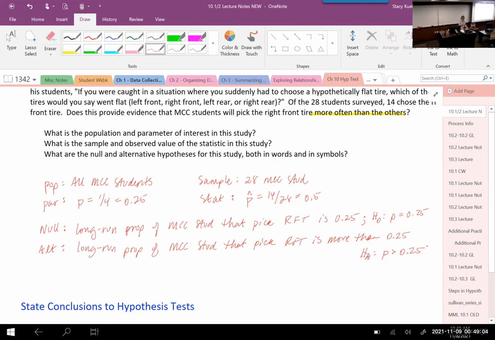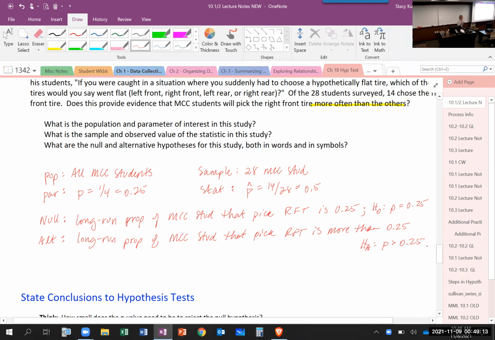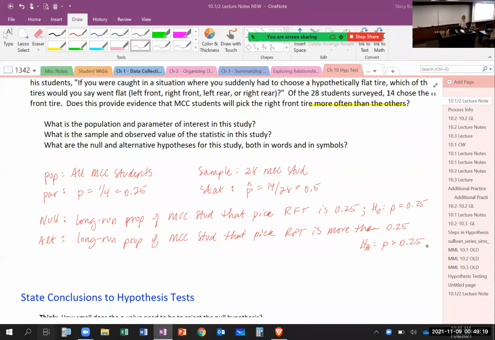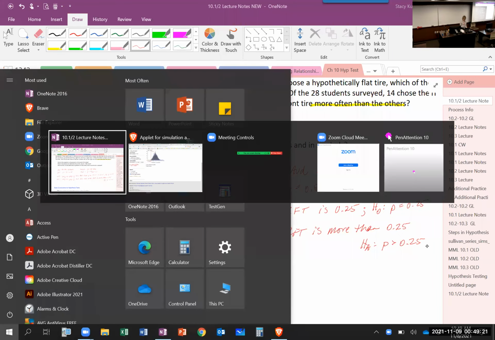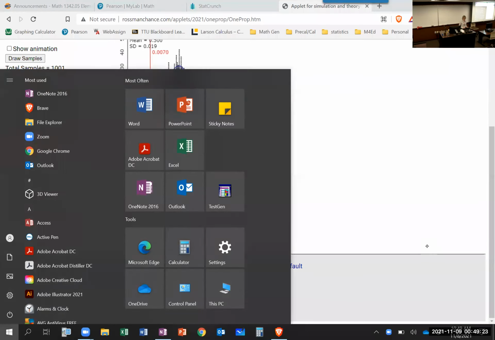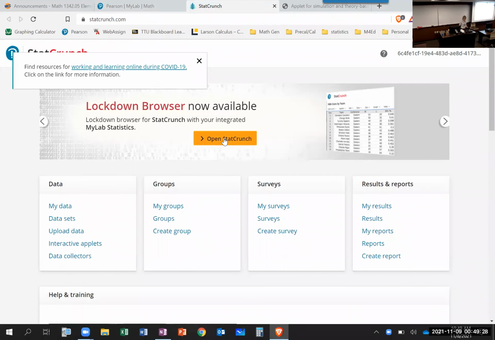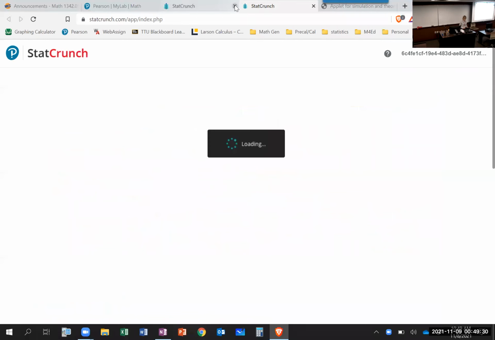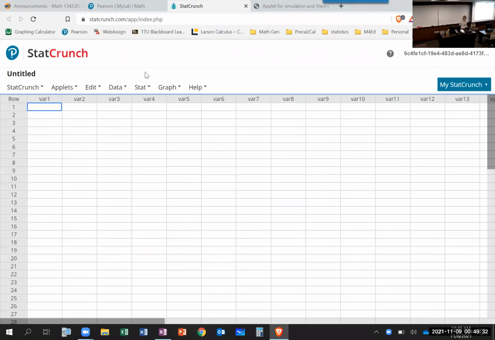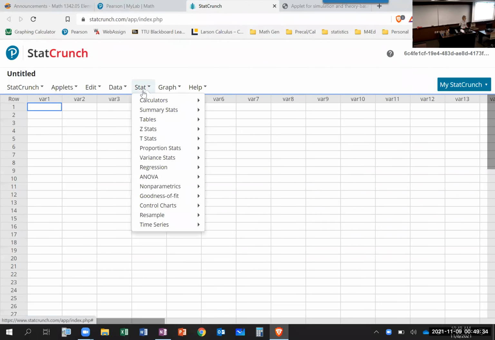All right. Well, we've got the null and the alternative. Now let's see how we run the test in StatCrunch. From StatCrunch, you're going to go to the same location that you went when you ran the confidence interval.